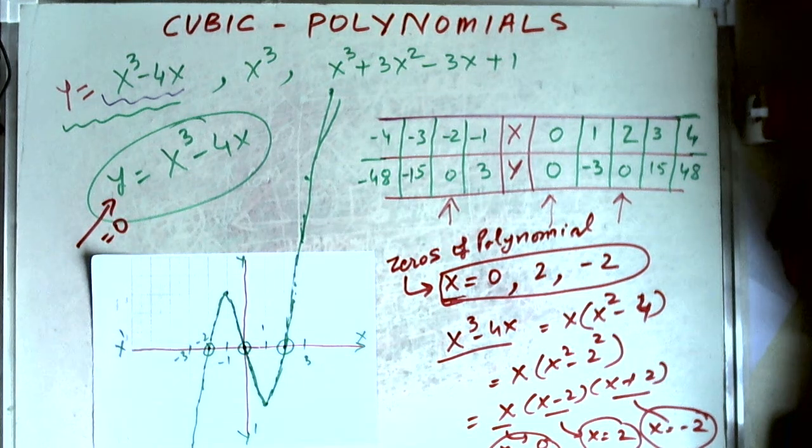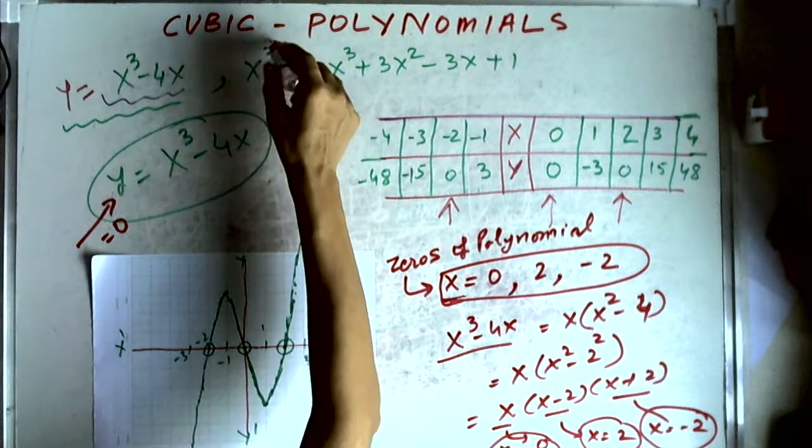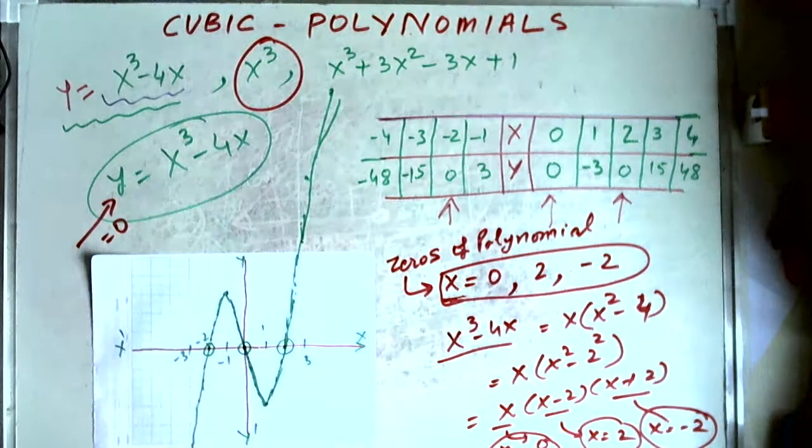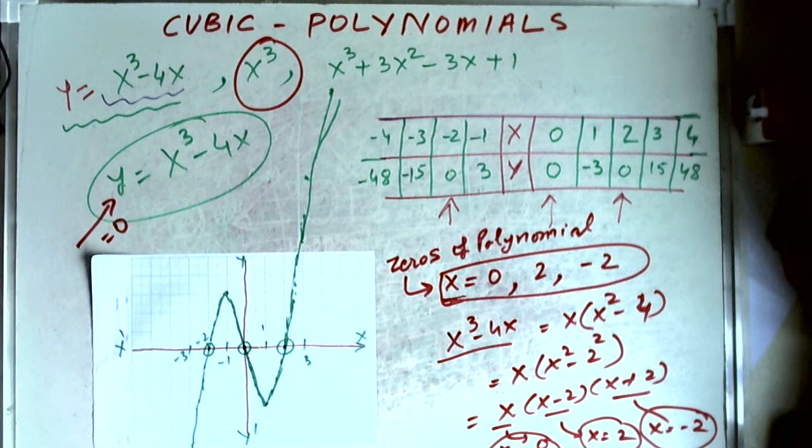Or it may not have any zero. So basically 4 situations can happen. For example, if we draw the graph of just x cube, we will find it has only 1 zero, which is x equal to 0. There is no other zero for this polynomial.